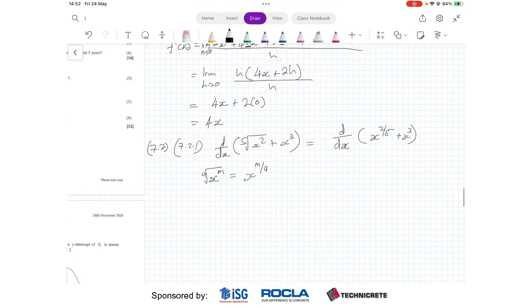And then from here, because this is a binomial, we're going to take this d by dx and multiply it into the bracket such that we have d by dx of x to the power 2 over 5 plus d by dx of x to the power 3. So you need to understand that the differential operator is commutative.